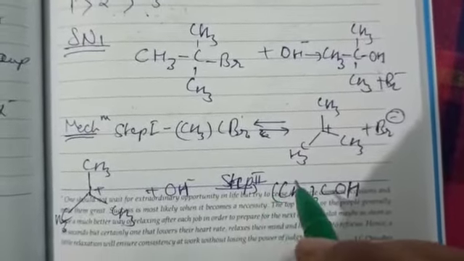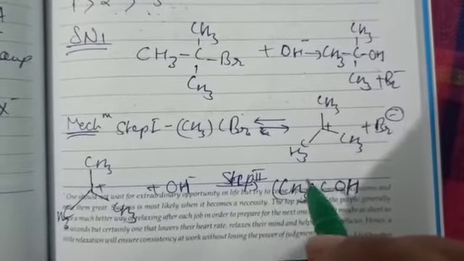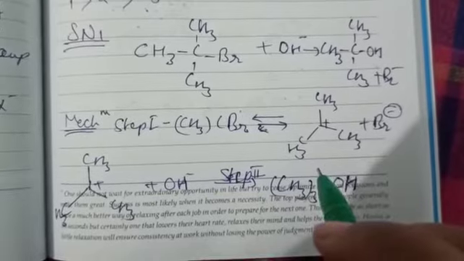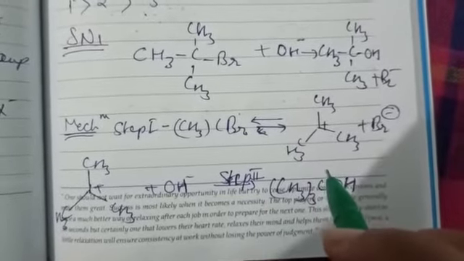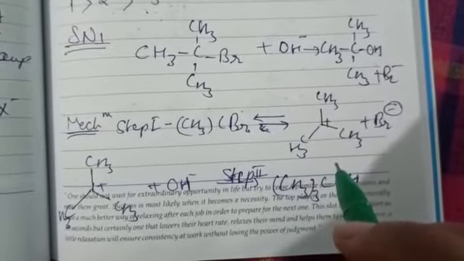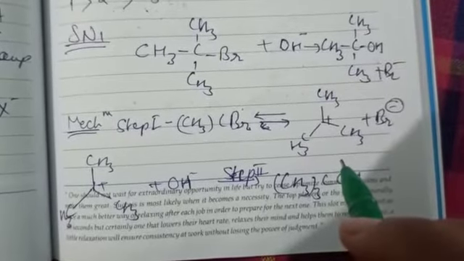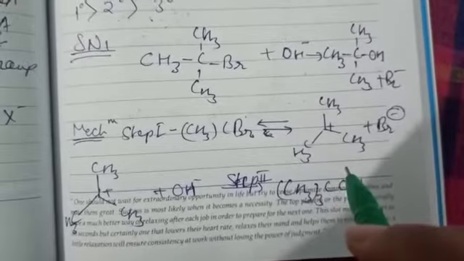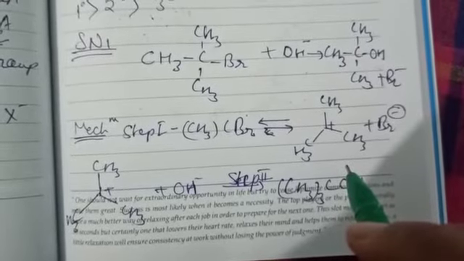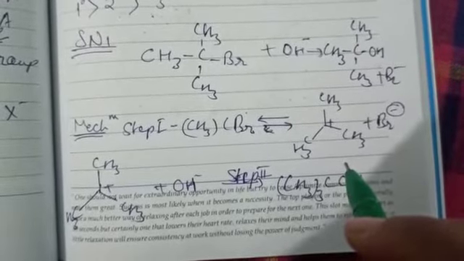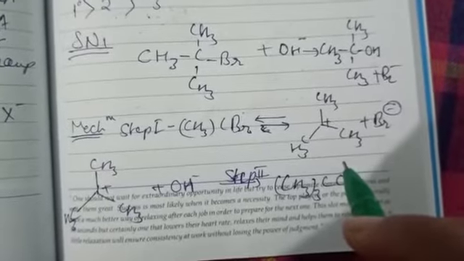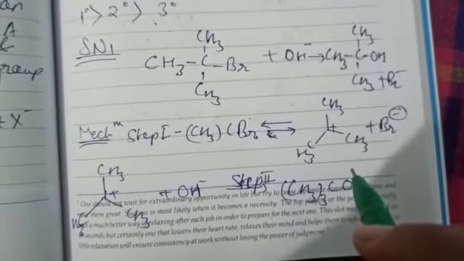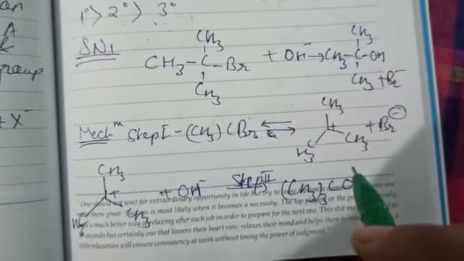Basically, students, SN1 reactions are generally carried out in polar protic solvents like water, alcohol, acetic acid. The reaction between tertiary butyl bromide and the hydroxide ion yields tertiary butyl alcohol and follows first order kinetics, that is, the rate of the reaction depends upon the concentration of only one reactant, your tertiary butyl bromide.